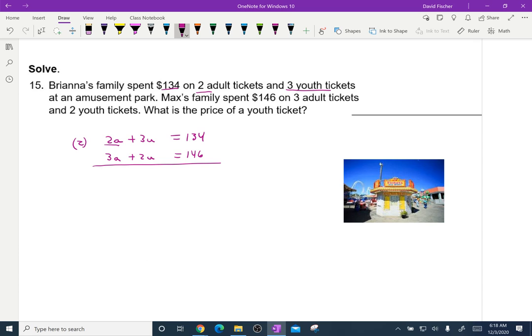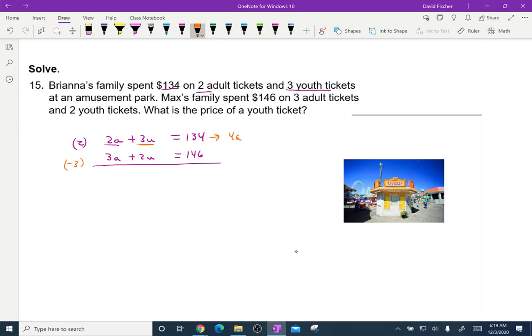Let's get rid of my A's. I'm going to have to multiply this guy by, I want to get rid of my U's here. 2 times 3 would be 6 U's. You can get rid of either one. I'm getting rid of my U's. And then I want to multiply this one by a negative 3, because that would give me a minus 6 U's. Okay? So I want to write my equations over here now.